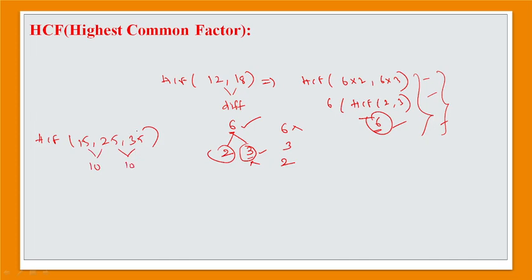If I consider 15 and 35, the difference is 20. The highest common factor is a factor that has to be present in all the given numbers. But 10 is not present in 15, and 10 is not present in 20 as a factor of all. So I need to go for the next factor, that is 5. If you observe here, 5 is present in all the given numbers. So the highest common factor will be 5 here.